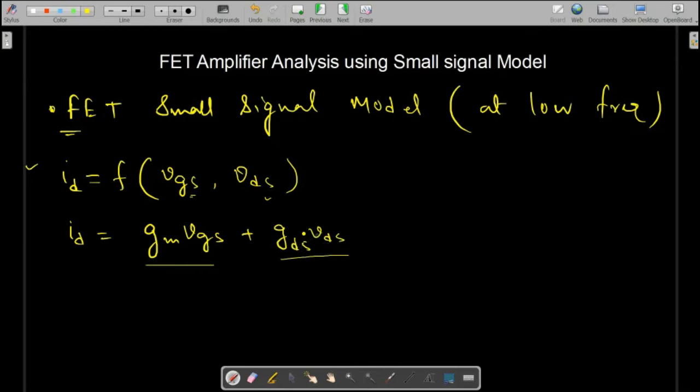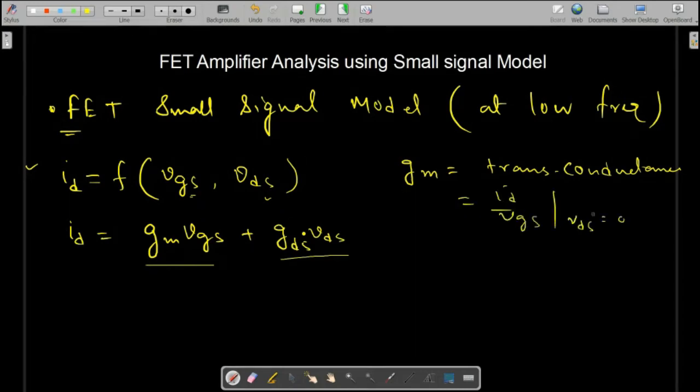Okay, so this term gm is called the transconductance. In this case, it is ID by VGS when VDS equals 0. So actually, in derivative form, gm equals del ID by del VGS when VDS equals constant.